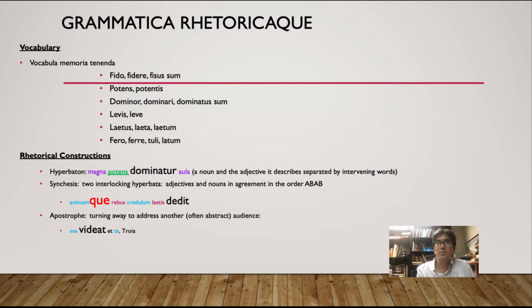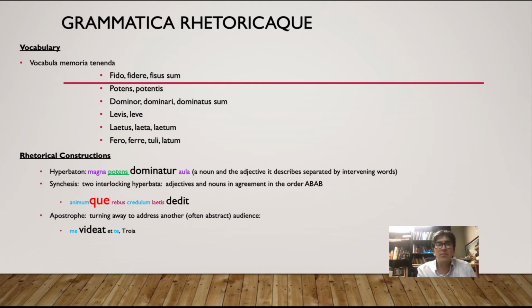You can also reduplicate hyperbata and create various kinds of interlocking word order. The most famous might be chiasmus, where we have A, B, B, A word order. But equally common, perhaps even more common, is synchysis, where we have two interlocking hyperbata in the order A, B, A, B. And we see one of these in the reading passage that we just got through a moment ago.